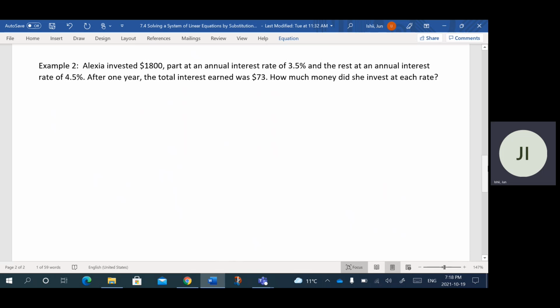After 1 year, the total interest earned was $73. How much money did she invest at each rate? Okay, so the first thing you want to do when it comes to setting up these systems is to figure out what you're trying to solve. So in this case, you're being asked to find out how much money she invested at each rate.